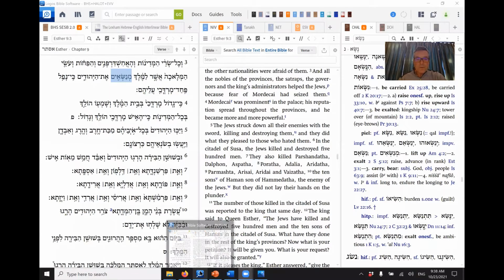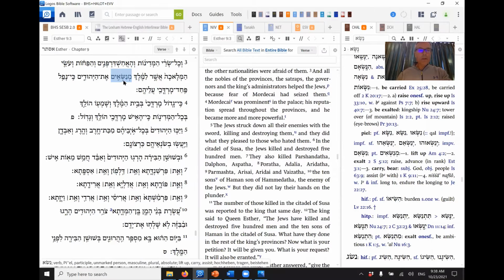So let's do a screen share here, and we'll take a peek at Esther, and I'll show you what I mean by that. So this is Esther 9, 3 and 4, and all the nobles of the provinces and the satraps and the governors.